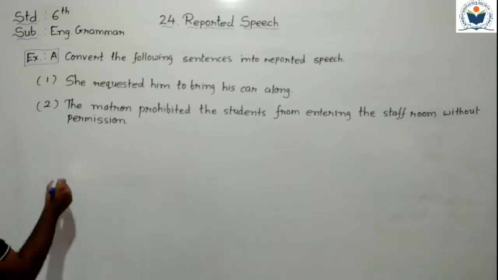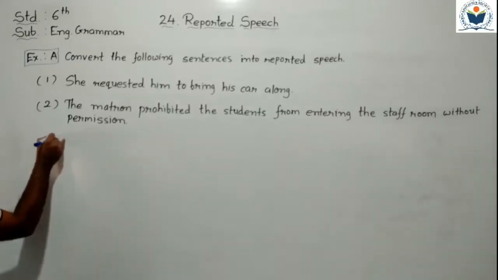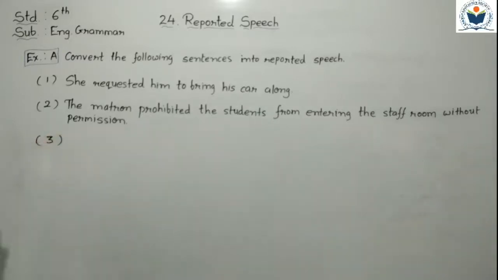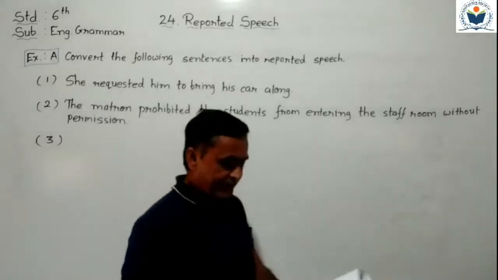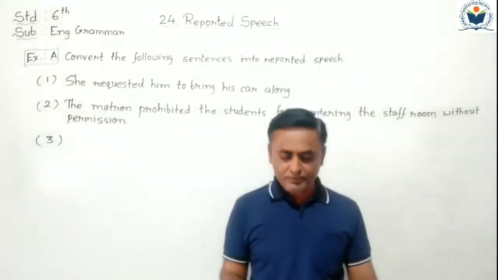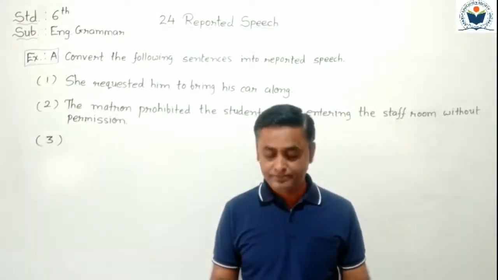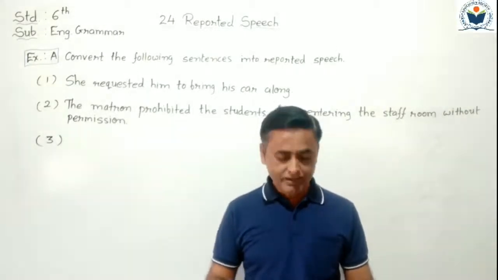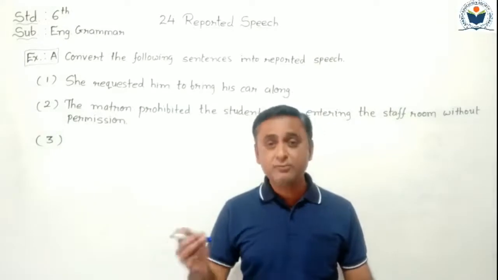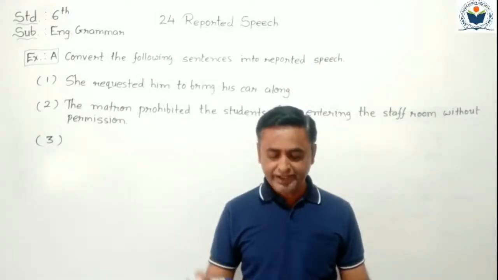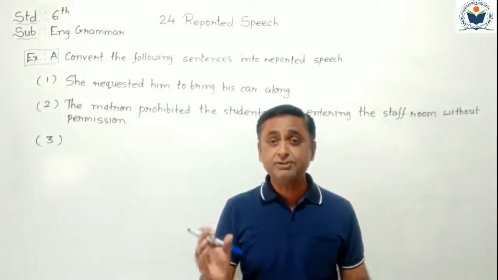Now third sentence we have to understand. The third sentence is given in your textbook. If we are going to Japan for summer vacations, Harry told his neighbor. Which is the subject here?